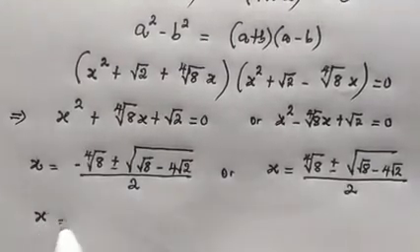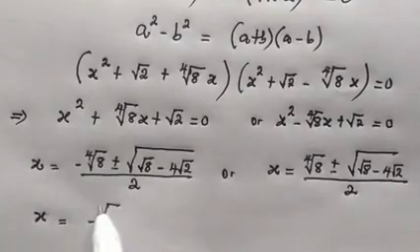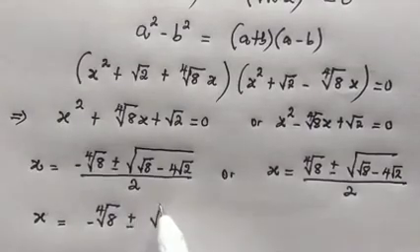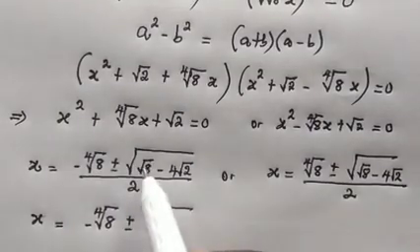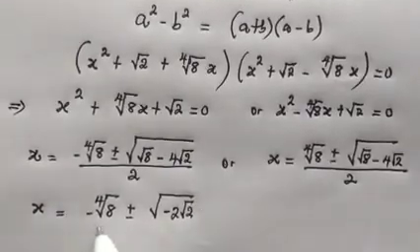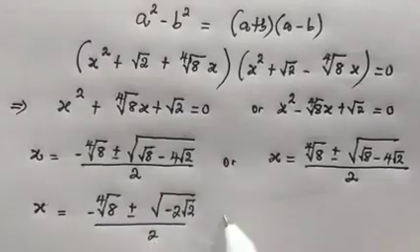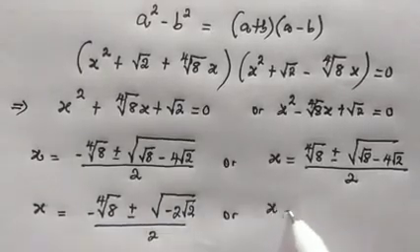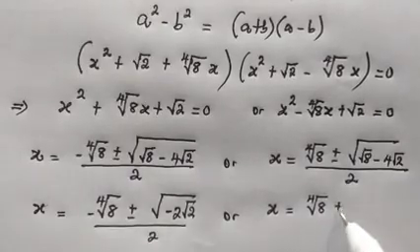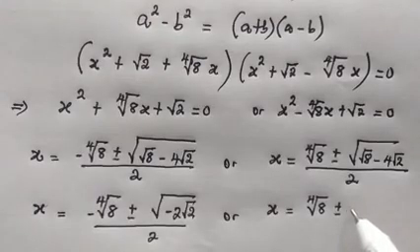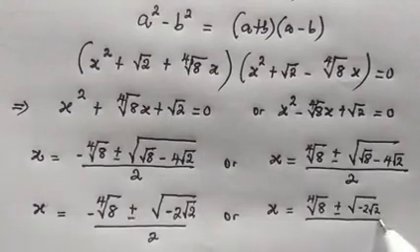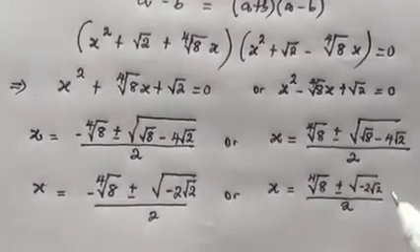So we have x equals negative 4th root of 8 plus or minus the square root of, this is 2 root 2 minus 4 root 2, giving us negative 2 root 2. Then divided by 2. And here x equals negative 4th root of 8, plus or minus square root of negative 2 root 2, divided by 2.